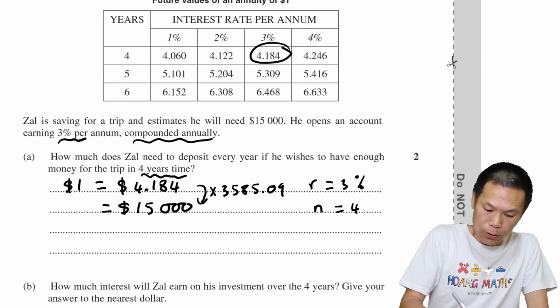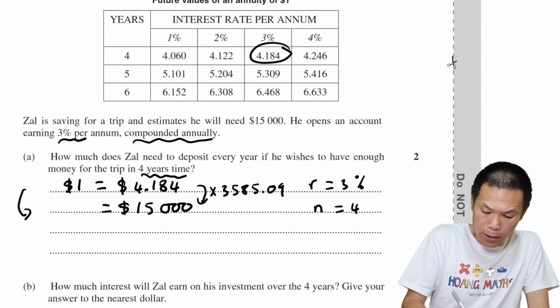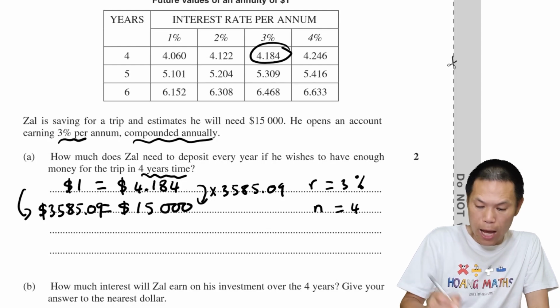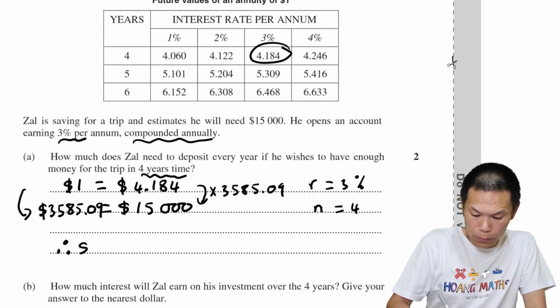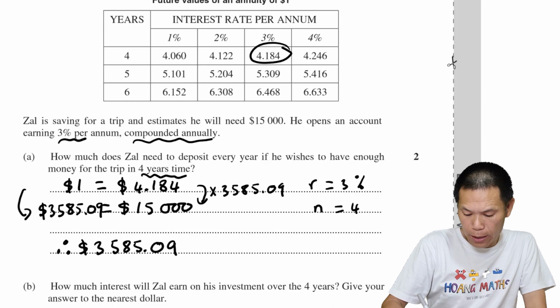From here to here, we multiply by the same amount, so 1 times that is exactly the same. So therefore, $3,585.09 each year.